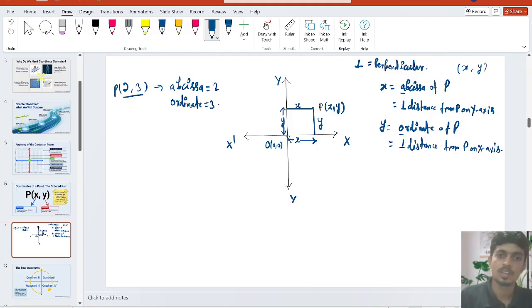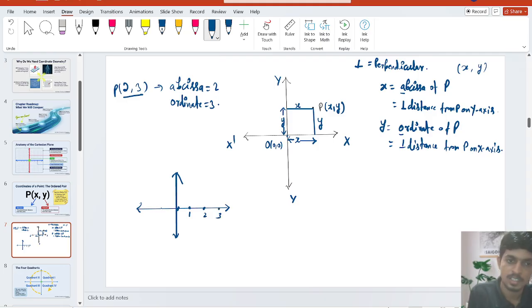Coming to the next, suppose we take another coordinate plane, as you see on your screen. Suppose this is the origin, this is 1, 2, 3, and here this is -1, -2.